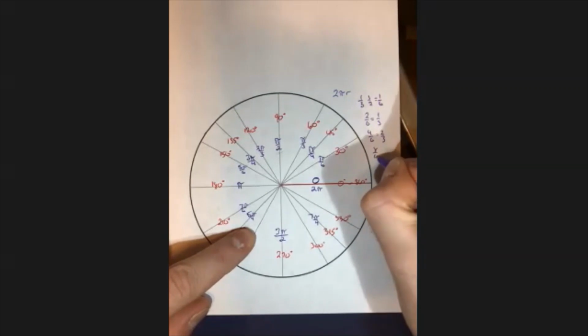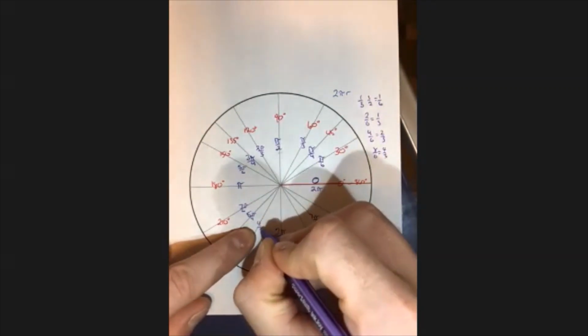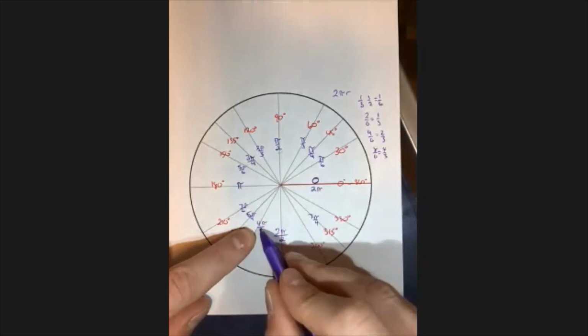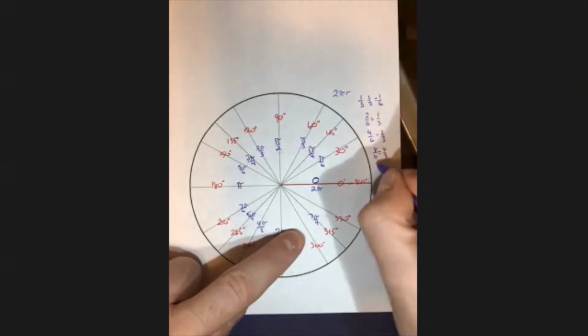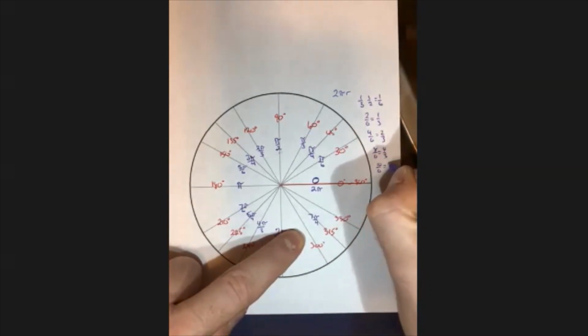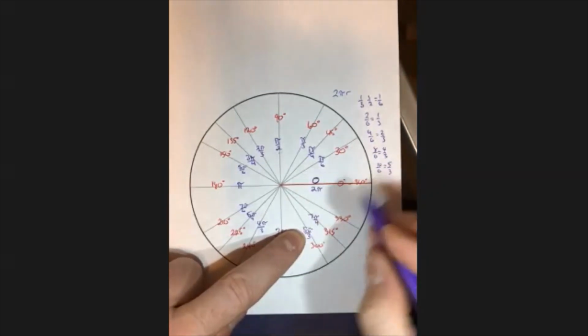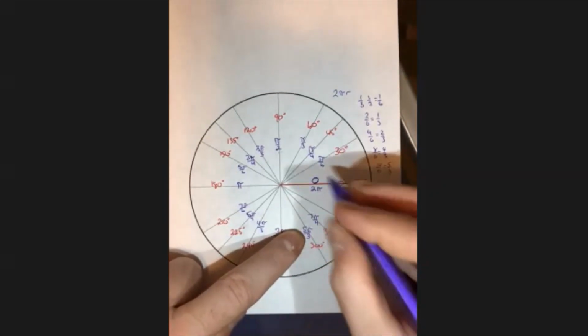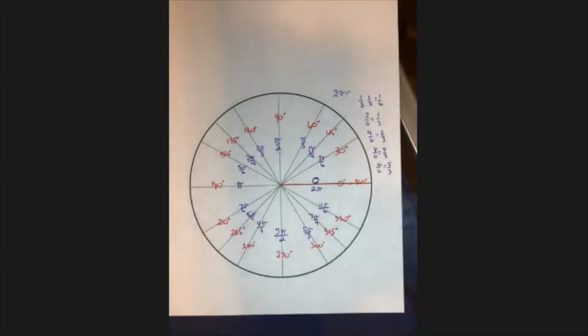And so I know 8 over 6 does reduce down to 4/3. What were we at? 8 pi over 6. 9. 10 pi over 6. 10 reduces down. And 11 pi over 6. Oh. And so we have these values.